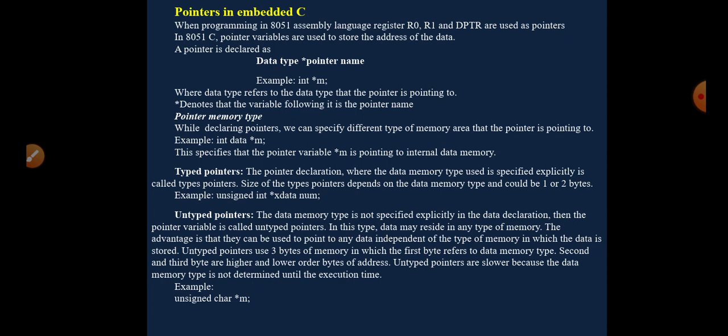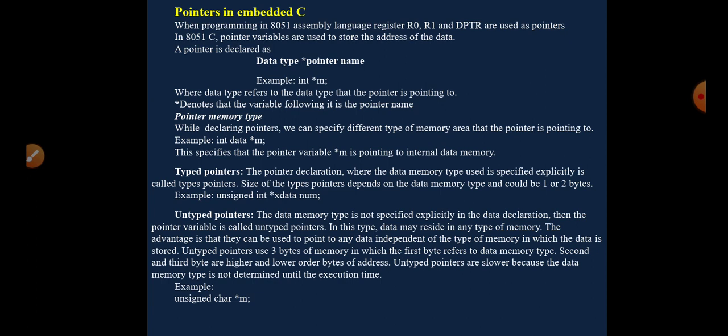Indirect addressing mode. Normally if you have registers like R0 and R1, either they can be used to hold the data, or the content of these registers can act as the memory address. In 8051 C, the pointer is declared as the data type, then the asterisk, then the name of the pointer. For example, int * m, where int stands for integer and the asterisk denotes a pointer.